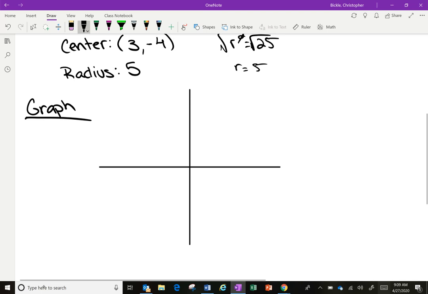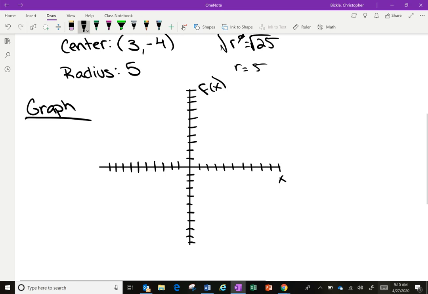Let's go to 10. 1, 2, 3, 4, 5, 6, 7, 8, 9, 10. So that's not perfectly scaled, but that'll work for what we're doing. We've got x, we've got f of x.